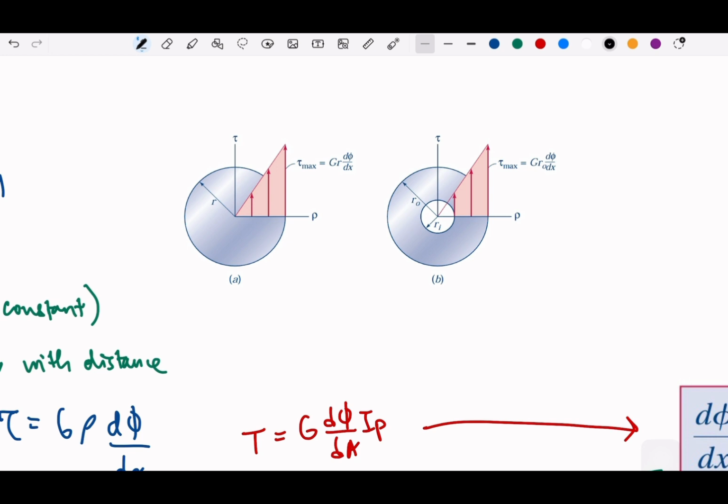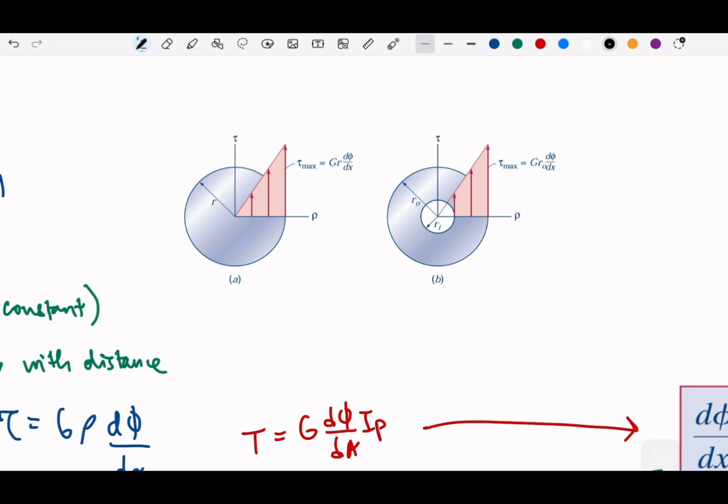Now the tube can also be considered as, for example, if the hollow part we can exchange with another solid. So this is solid, maybe steel, and inside maybe aluminum, or maybe inside is steel, outside is aluminum. It works like that as well.